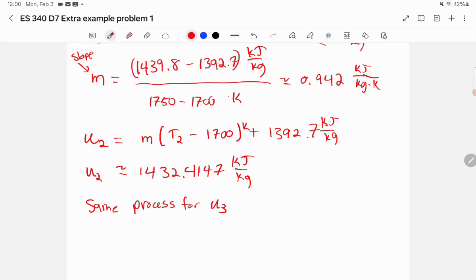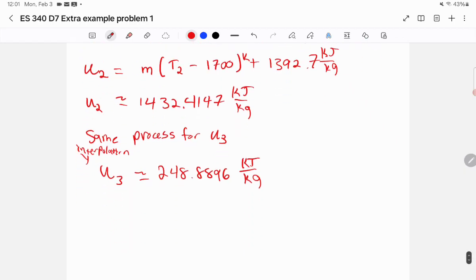Okay, same process for U3. And what I find is that U3 is approximately equal to 248.8896 kilojoules per kilogram. Okay, so I did interpolation here. And if you get numbers slightly different than mine, that's okay.